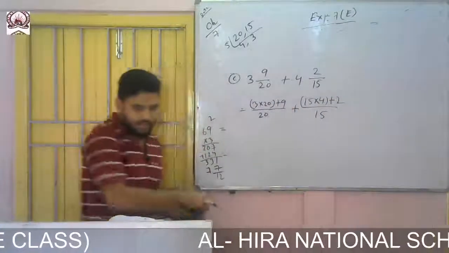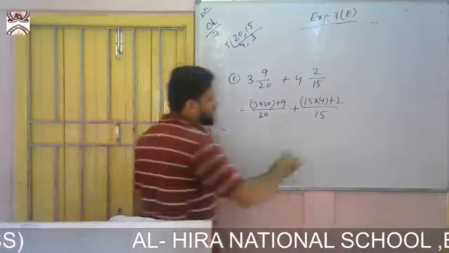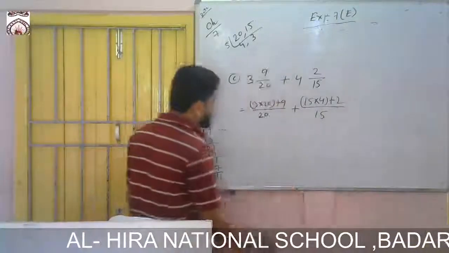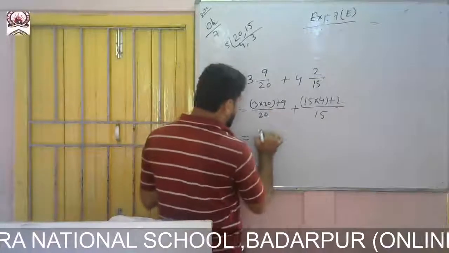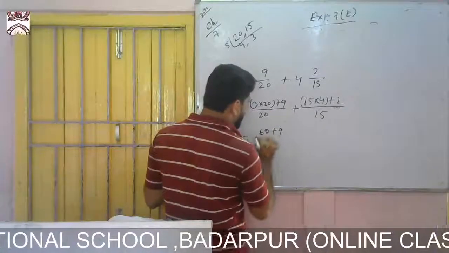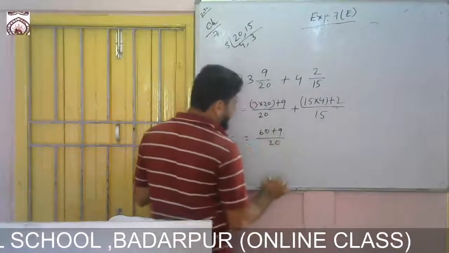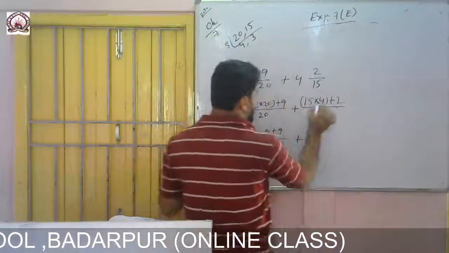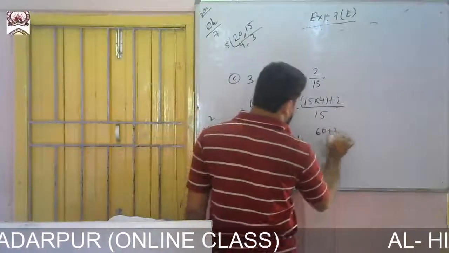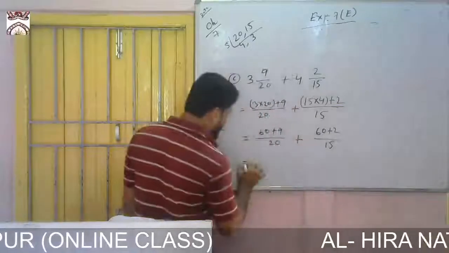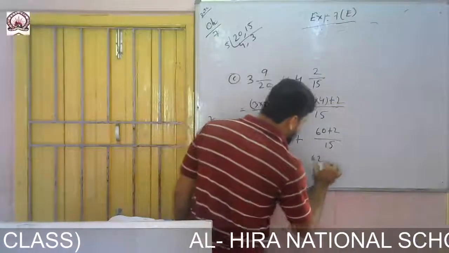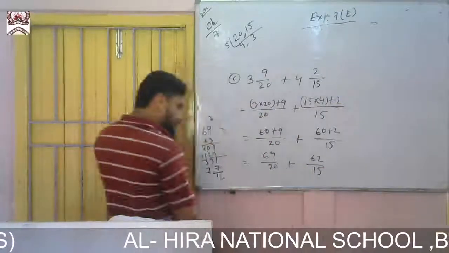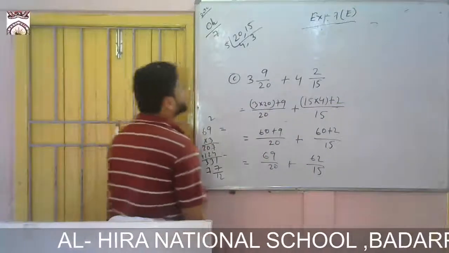Now 3 into 6 is 60 plus 9, 69 by 20, plus 60 plus 2 by 15. Okay, so 69 by 20 plus 62 by 15. Okay, LCM will be what?